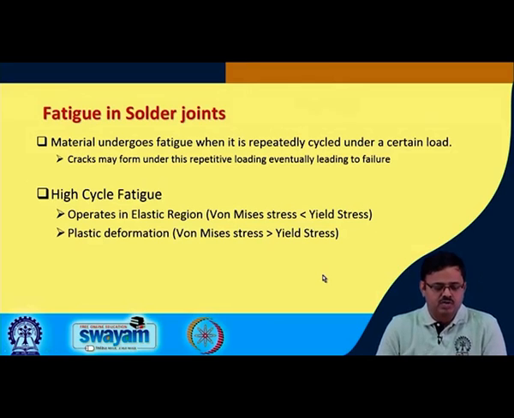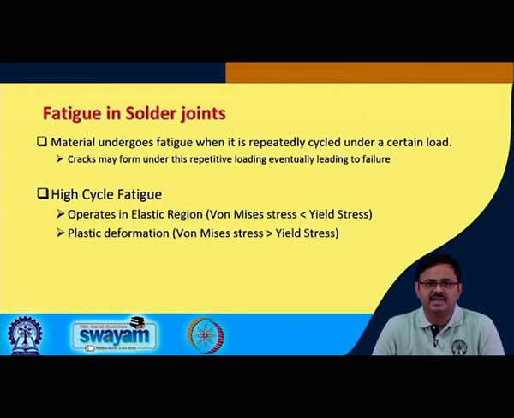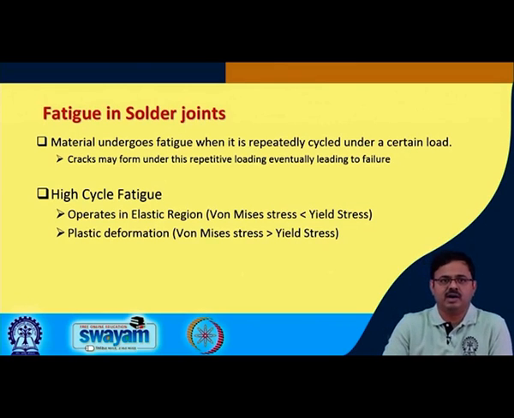Okay. So, fatigue in solder joints, if you look at it, again the same thing, you can look at it as high cycle fatigue, which operates in the elastic region. Sorry, there is a slight mistake on this slide. I am sorry for that. It can undergo something which is known as high cycle fatigue.